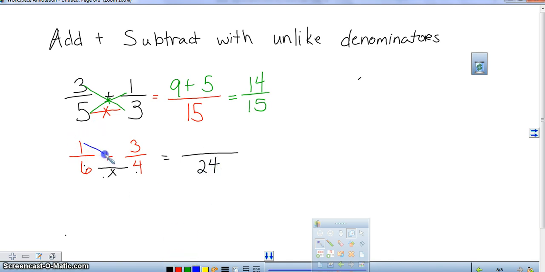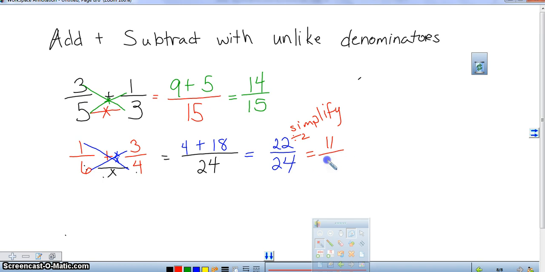And then you have to do 1 times 4, which is 4, plus 6 times 3 is 18. 4 plus 18 is 22 over 24. Now that one's special because you have to simplify, okay? Don't forget to simplify this. I can divide by 2 and I get 11 over 12.